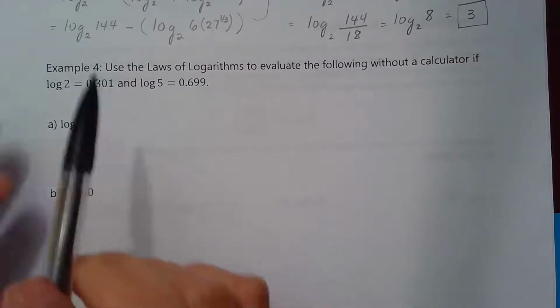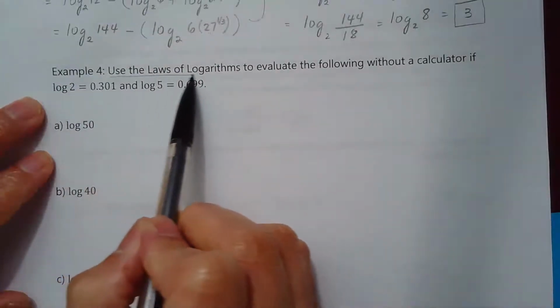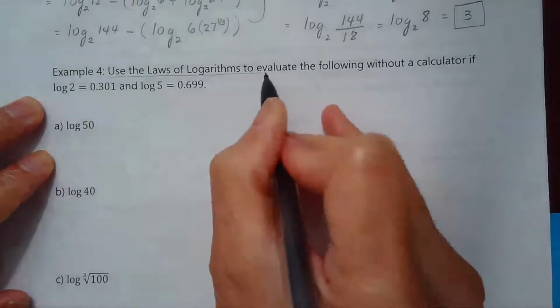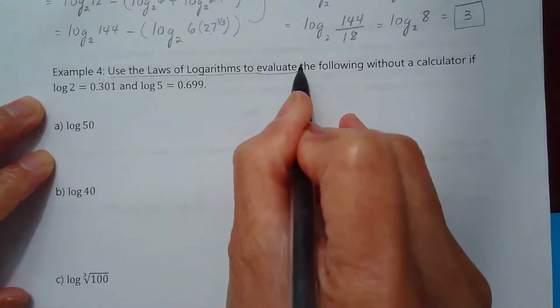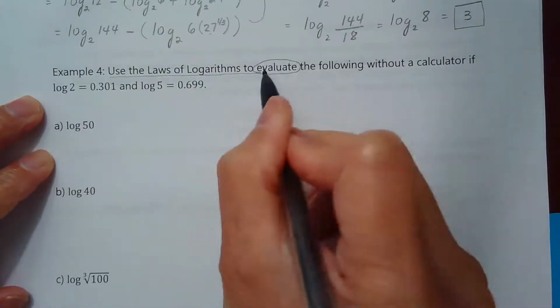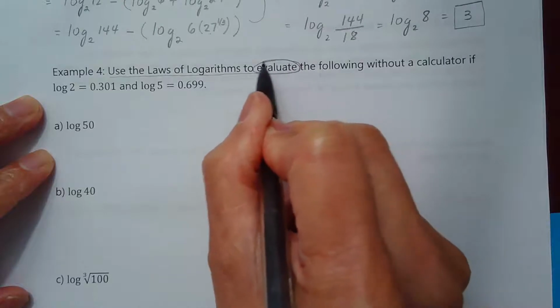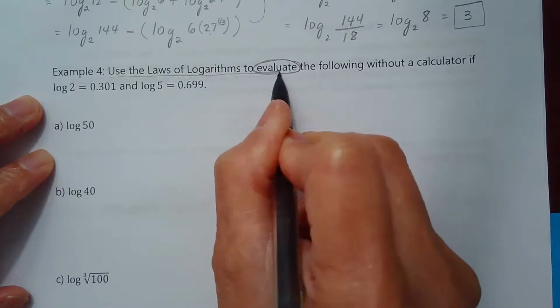Okay, so here, use the laws of logarithm to, again, what are we supposed to do? Not to simplify, but to evaluate. The word evaluate means to find the value of that.